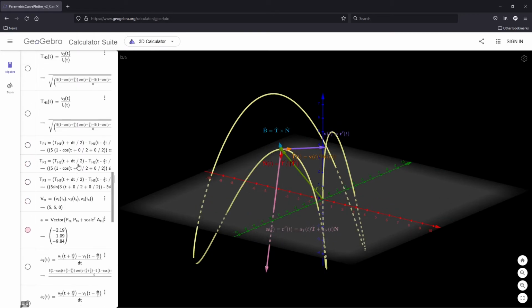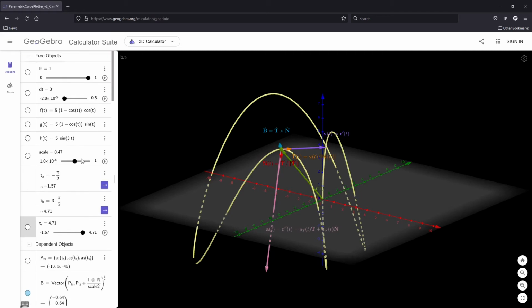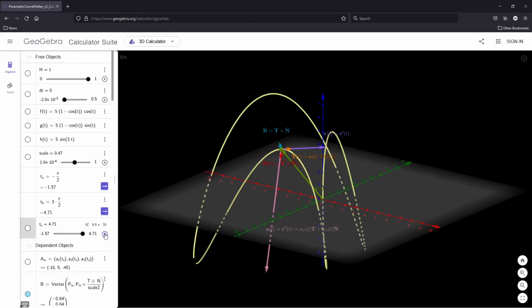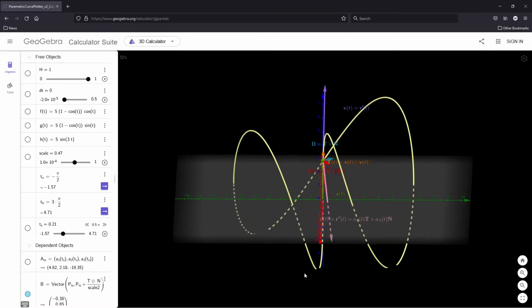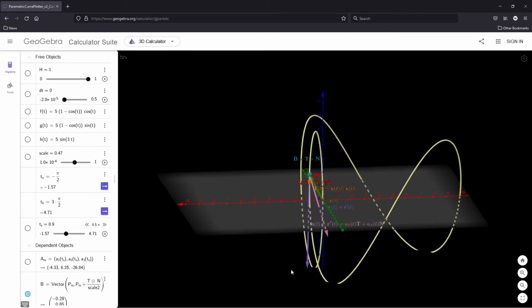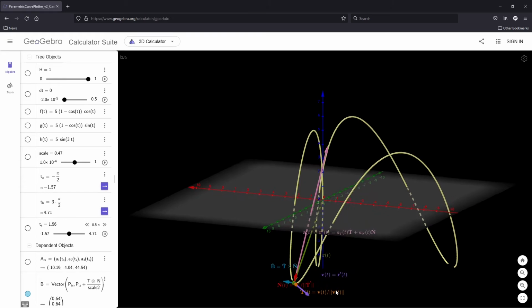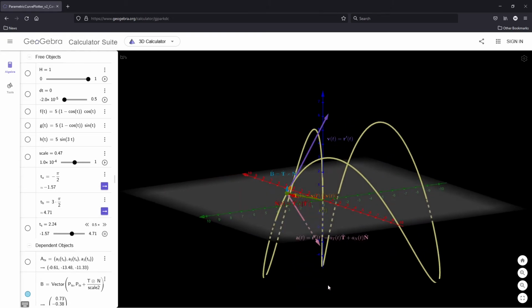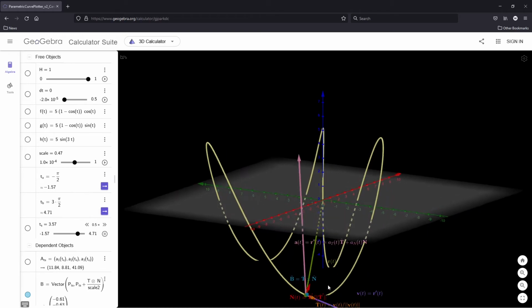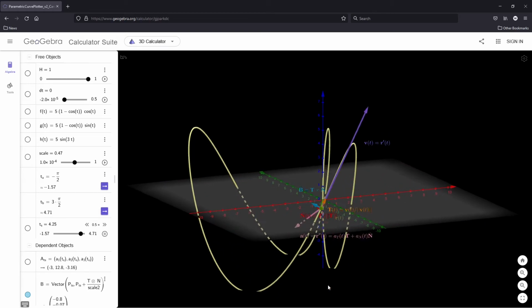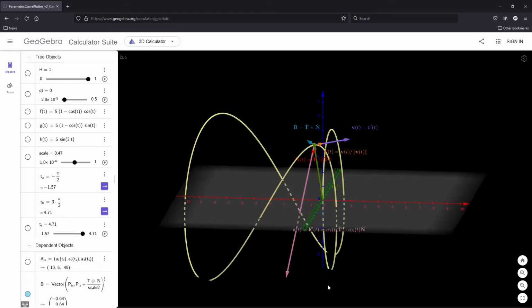And I think you can very clearly see that if we let this travel around the curve, at every single point on the curve, this TNB frame is doing exactly what you expect mathematically, and gives us a nice physical description of motion along this curve. It's very cool.